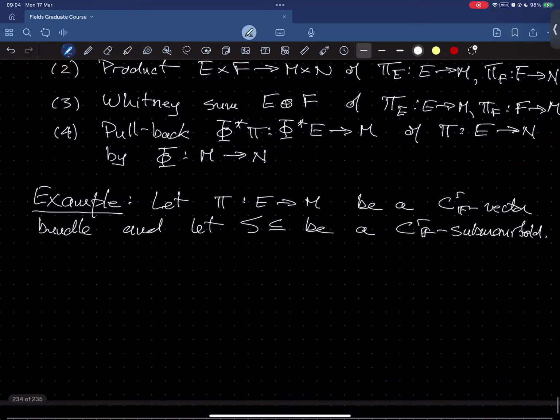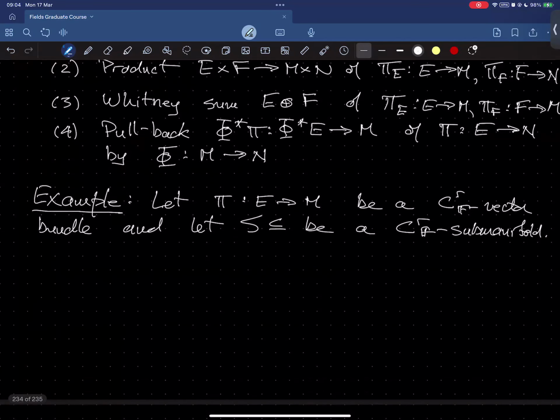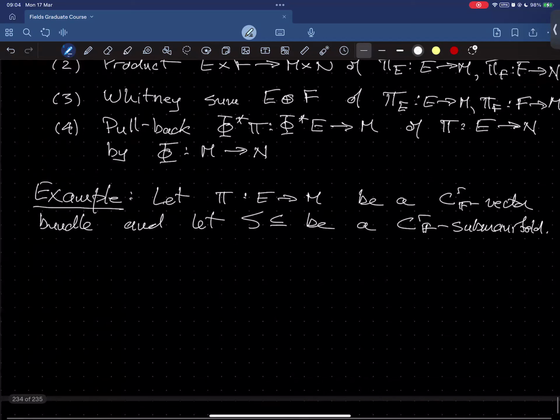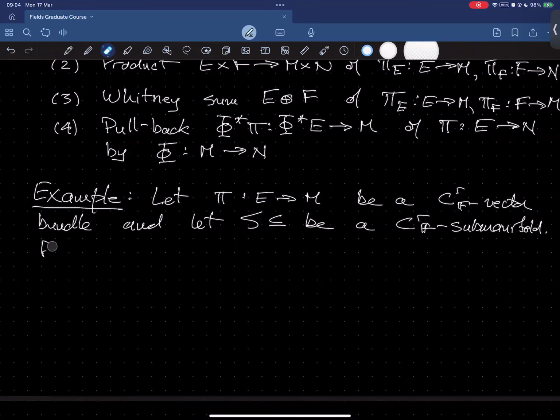Then I have this thing which I can call the restricted bundle. Denote E restricted to S to be pi inverse of S.